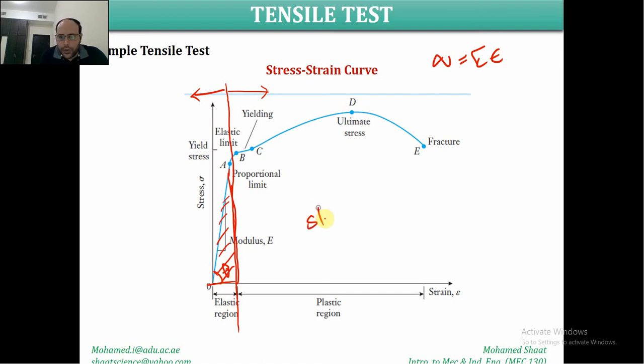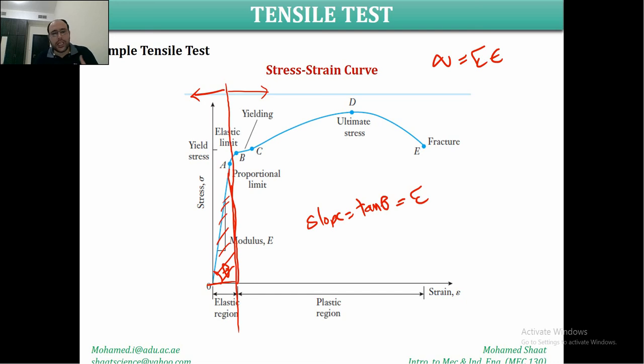So the slope of this line, which is the tangent of the angle theta, is going to give us automatically the Young's modulus E. It means that if we printed this figure, measured this angle and did some calculation to find the tangent of this angle, you're going to directly end up with the Young's modulus of this material. So this is simply how we can determine the elastic modulus or the Young's modulus of any specific material from the given stress-strain curve.